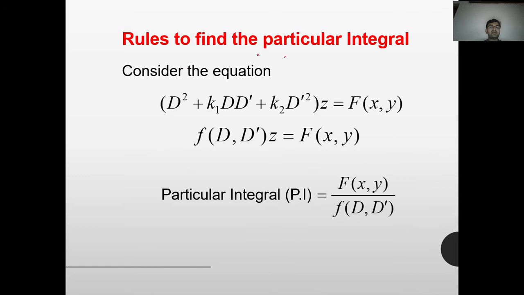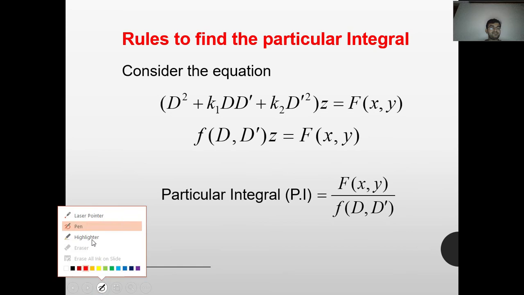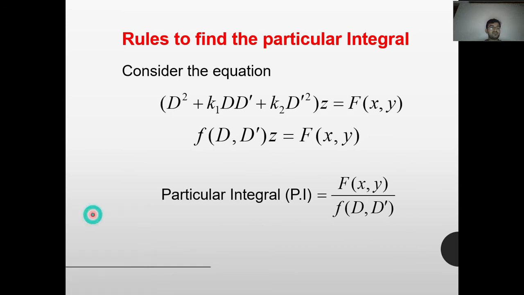Here, to find the particular integral, consider the equation (D² + k1 D D' + k2 D'²) z is equal to f(x, y).